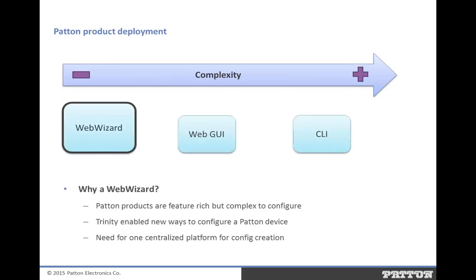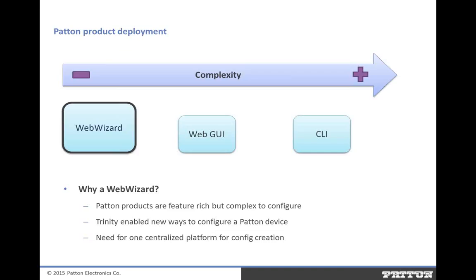So now we said, how can we make it easier for you and all your customers configuring a Patton product? That's where we said, well, we want to do a simple thing here, and that's what we call the Web Wizard. So why a Web Wizard? Patton products are known to be feature-rich, but that also makes it complex to configure a Patton device.